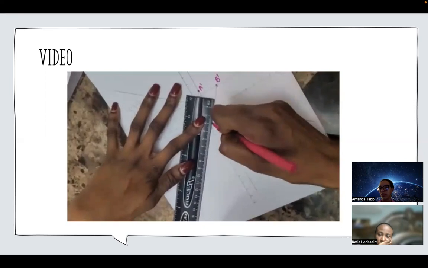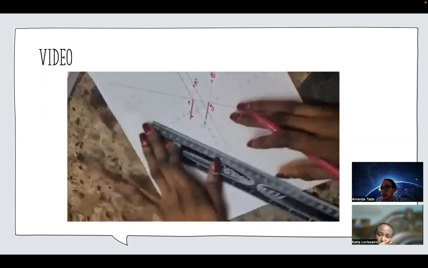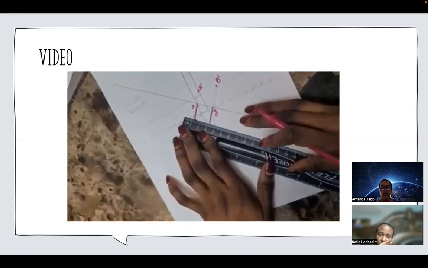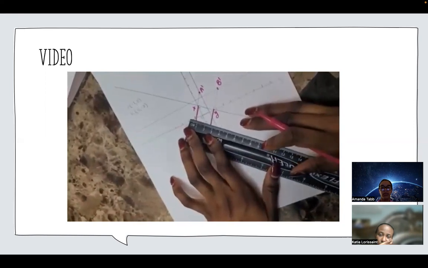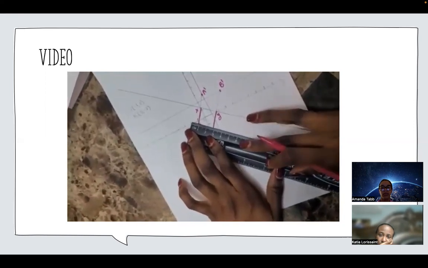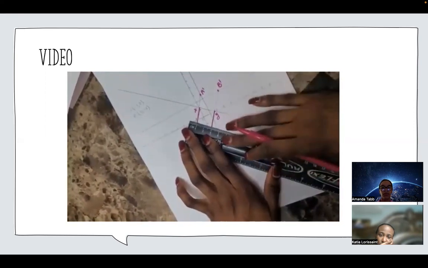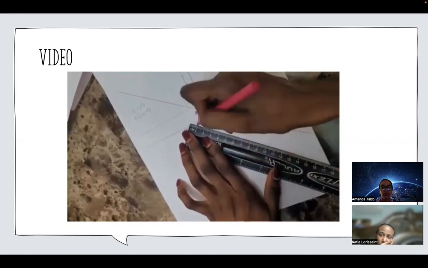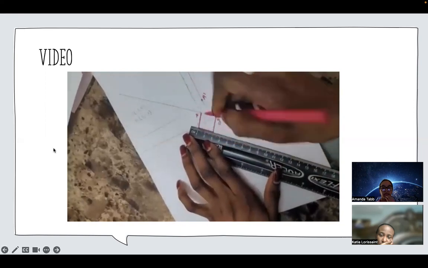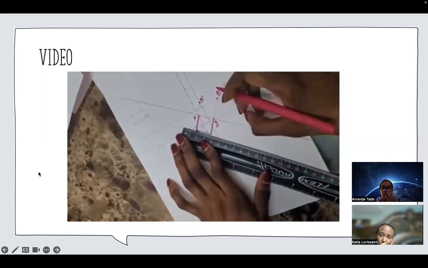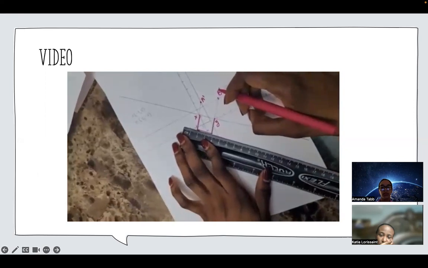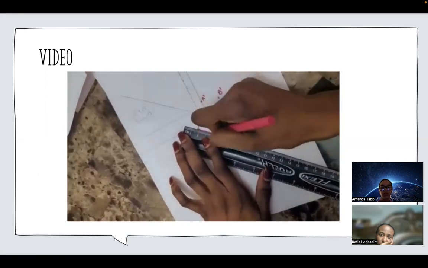I have 2 centimeters right here. So now connecting our square. Here's our square.